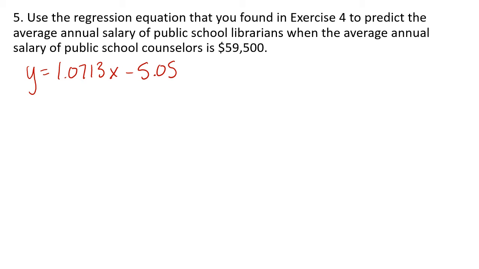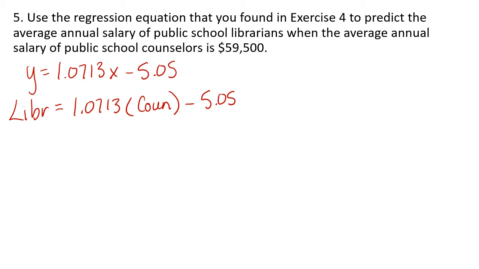But to make a little more sense out of it, I'm going to write librarian, abbreviated, is this. So we can keep straight what to plug in where. Now, one other thing to remember is we're not plugging in 59,500. The way it was written was 59.5, right? It was written in thousands of dollars. So that's the number we're going to plug in.